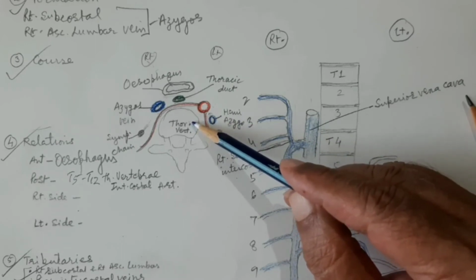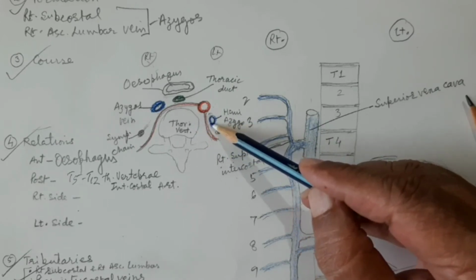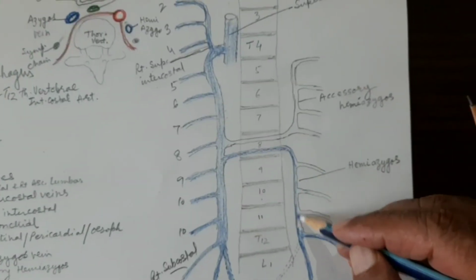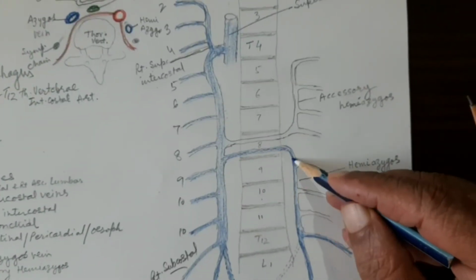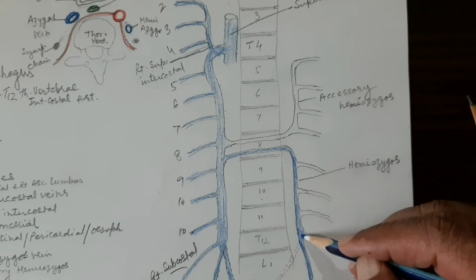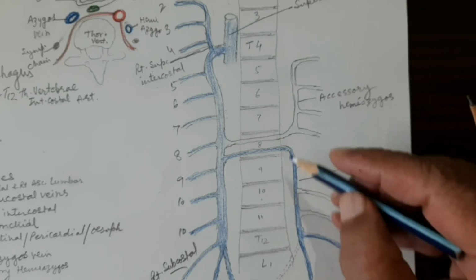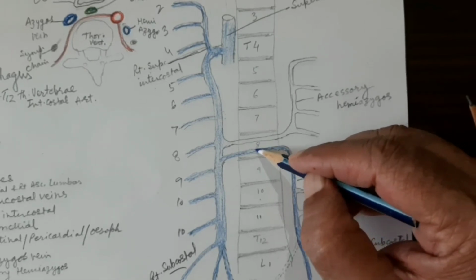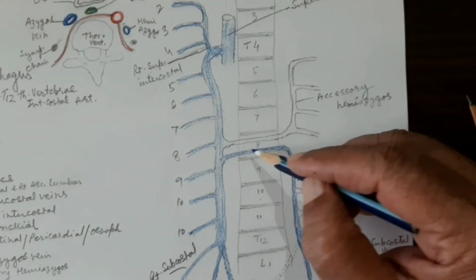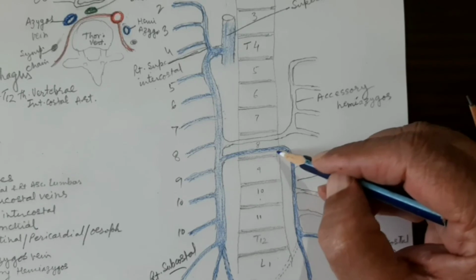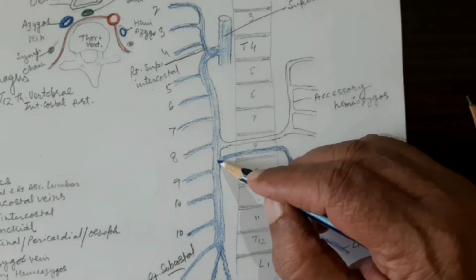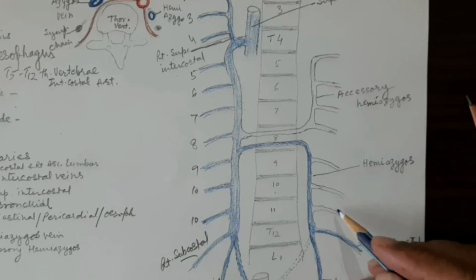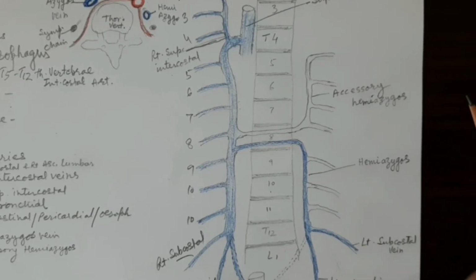It is not lying in front of the vertebral column, but on the left side of it. Then it ascends by the side of the vertebral column and crosses to the right side, in front of the 8th and sometimes the 9th thoracic vertebra, and opens into the azygos vein.